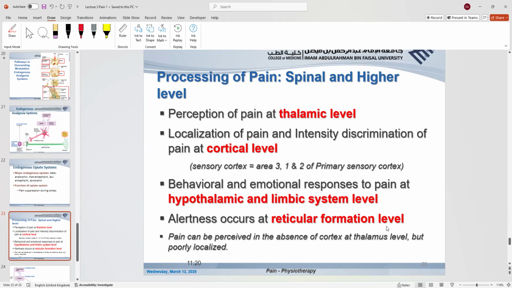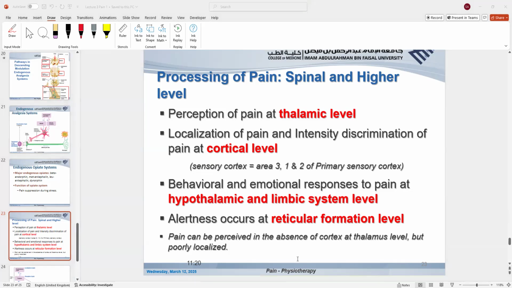If the cerebral cortex is not involved, animal studies have shown that even at thalamic level, the animal can exhibit certain behavior indicating that it is feeling the pain. But the pain localization and the intensity of pain cannot be determined by the thalamus. These two things, the localization of pain and how intense the pain is, are the function of the cerebral cortex.